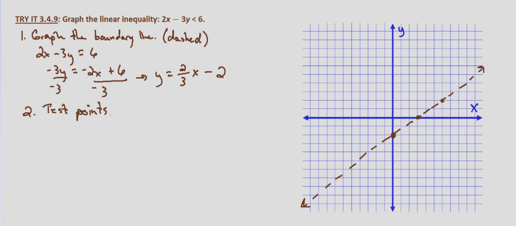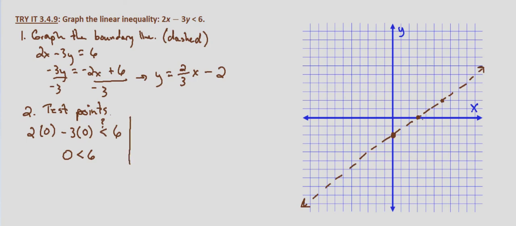So first off, let's test above here with 0, 0. So 2 times 0 minus 3 times 0, is that less than 6? So we end up with 0 minus 0, which is 0. That's a true statement. So we would shade, at least according to this, on the left-hand side.